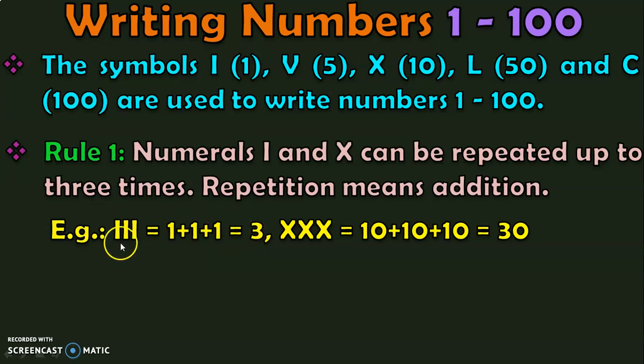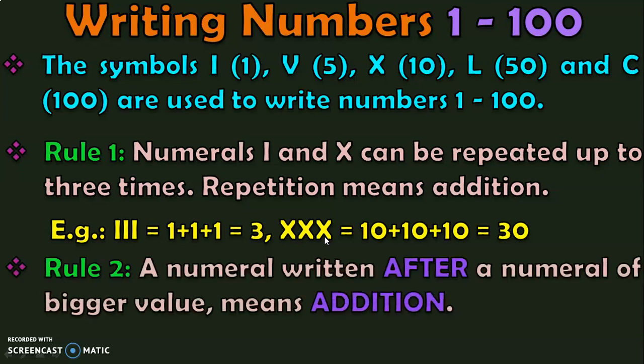So 3 is represented in Roman numerals by III. Similarly, we know that X represents 10. When you write X 3 times, it becomes 10 plus 10 plus 10, which takes the value 30. So the Roman numeral for the number 30 is XXX. This is what rule number 1 means.